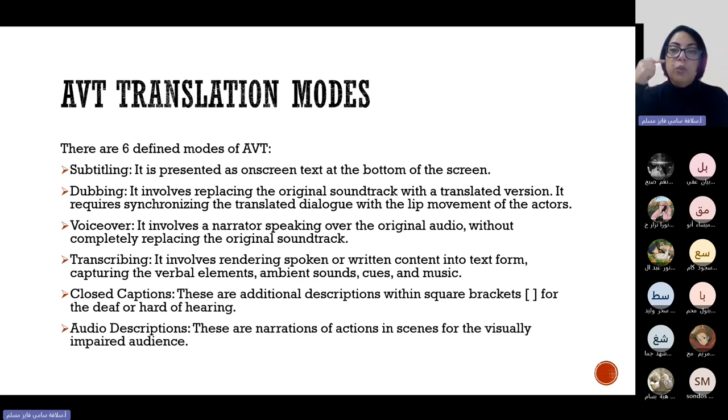So your voice is translating what the other person is saying without muting that person's voice. You still can hear it in the background.